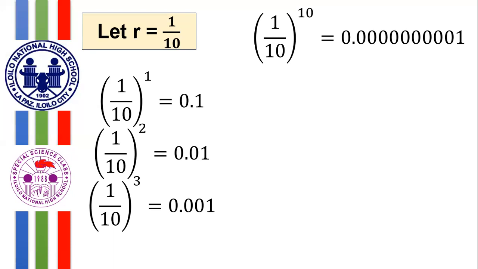And if you could see, as we increase the exponent of your common ratio, for the meantime, let's have a positive common ratio, what have you noticed with the value? It becomes smaller and smaller and smaller.